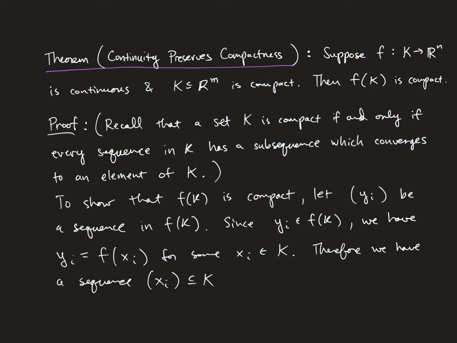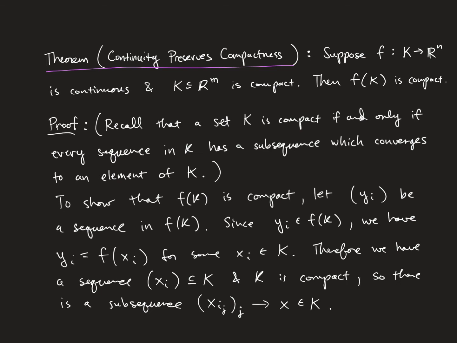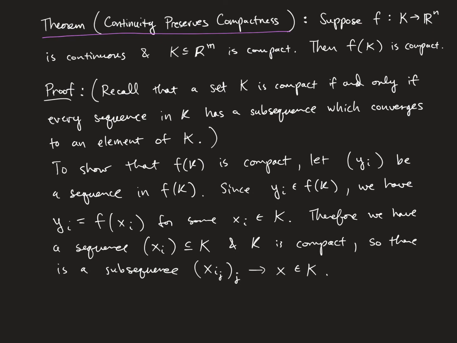So we have the sequence in K, and K is compact. So there is a subsequence x sub i sub j, a sequence indexed by j, and it's converging to some x in K. And I think you know what we're going to do, right?